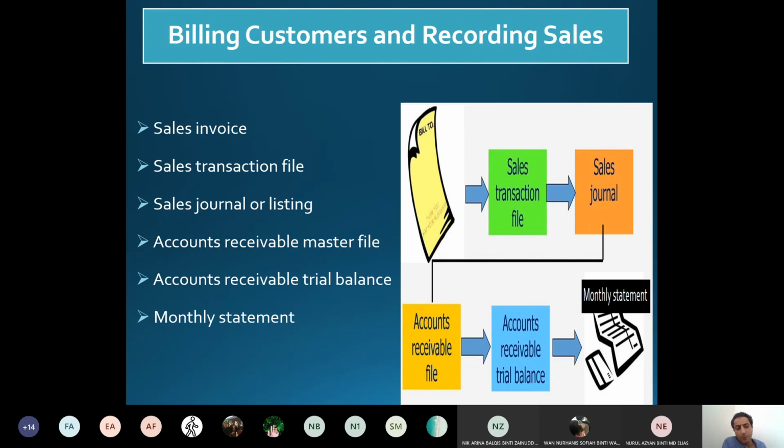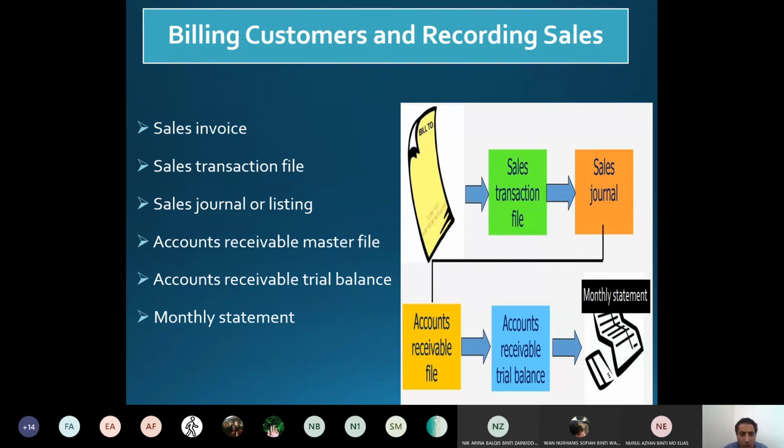Then we prepare or update the account receivable trial balance, and then we send monthly statements to the customers. Please notice this list of transactions. Usually when you are using accounting software, by issuing the sales invoice, the rest of the functions are automated.